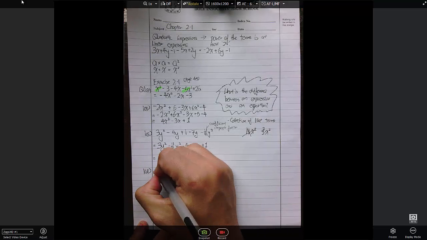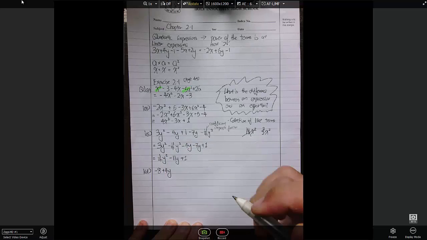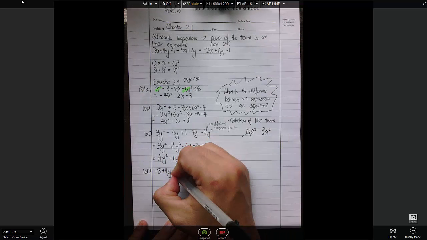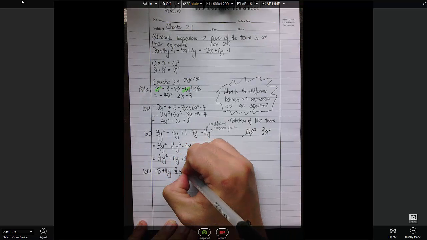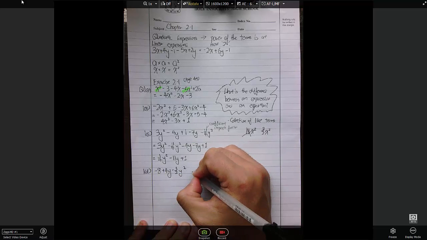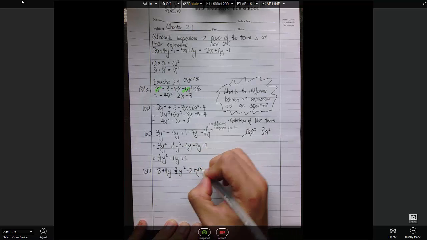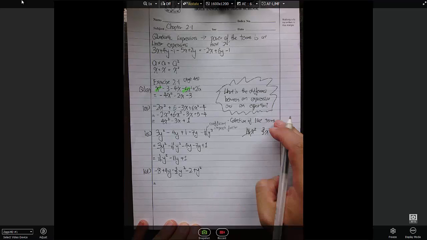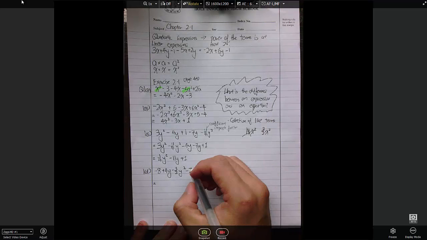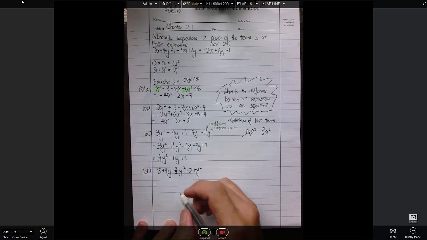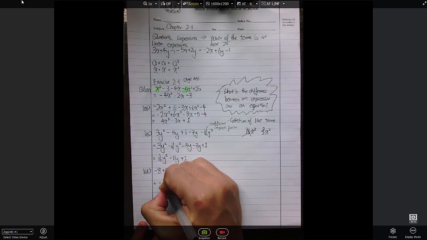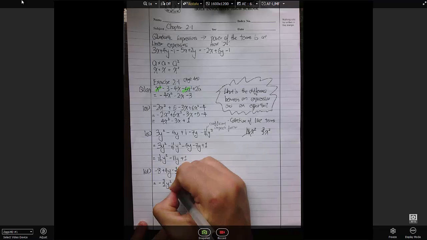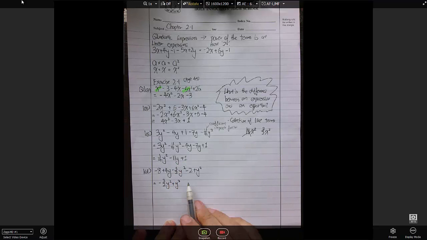1d is negative 8 plus 4y minus 3 over 2 y squared minus 2 plus y squared. Again, the concept is the collection of like terms. So I start in descending order. I'll start with negative 3 over 2 y squared plus y squared.